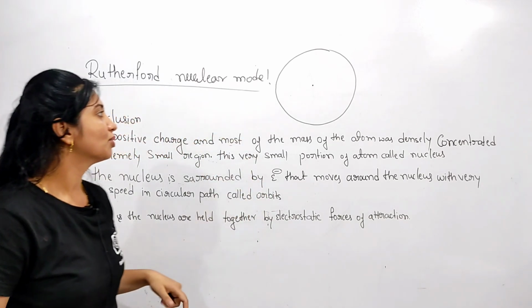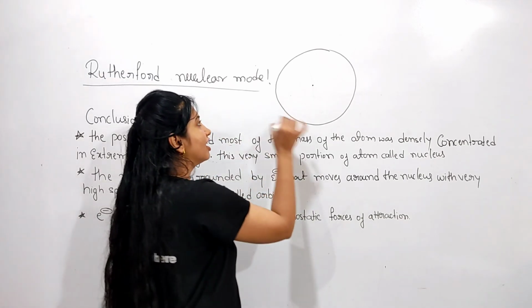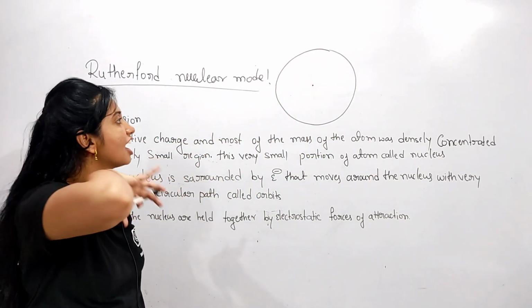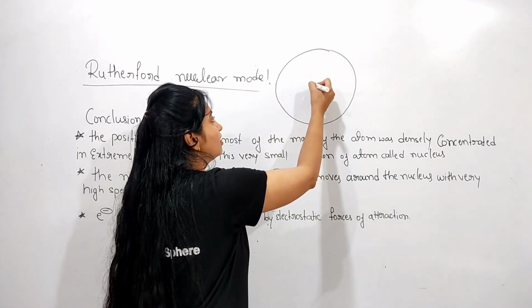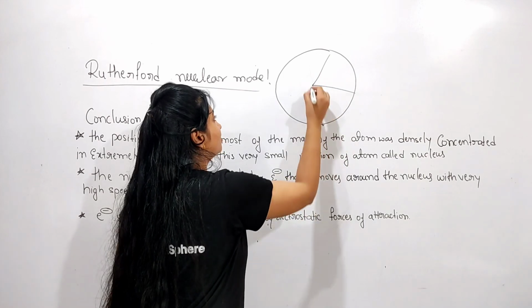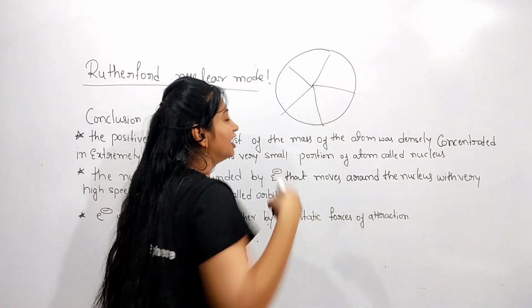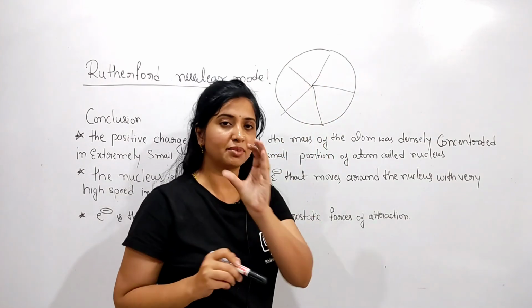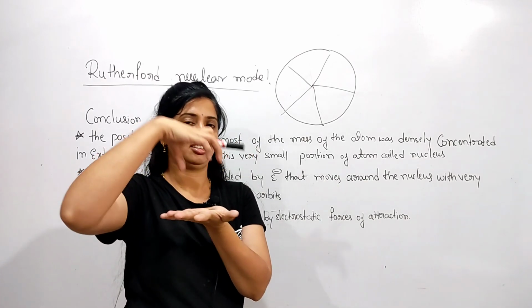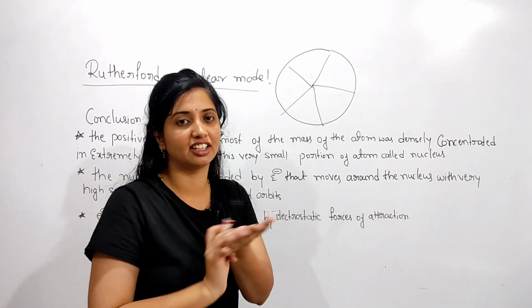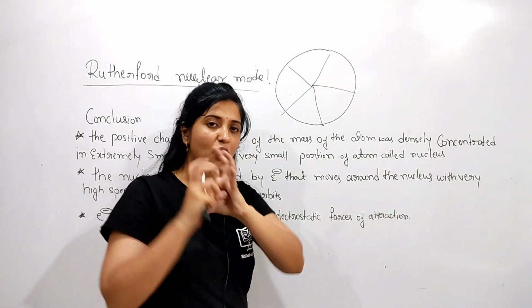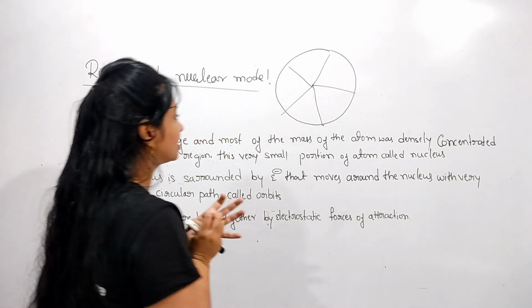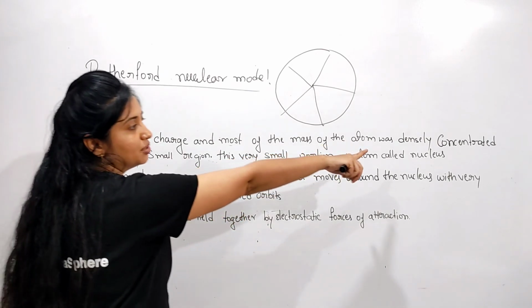Just imagine this is your cricket ground which has a radius of 5 km. Wherever you go, it is all 5 kilometers. Now a cricket ball is put at the center of that ground. Such a small portion is called the nucleus.